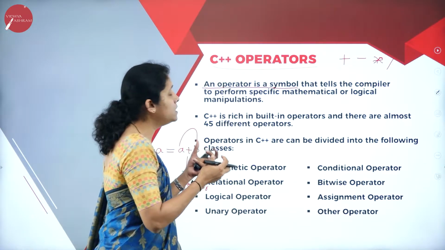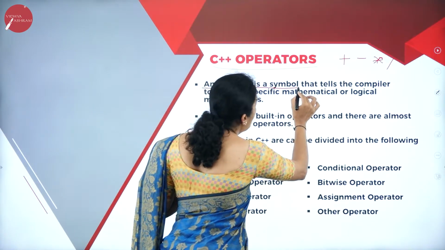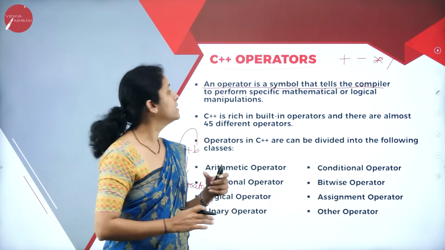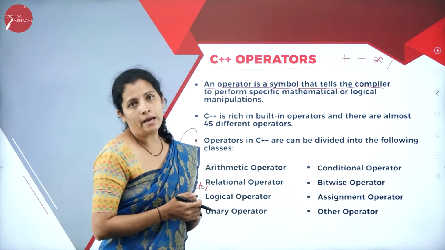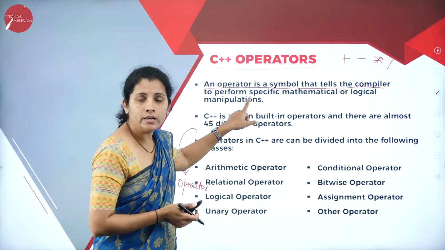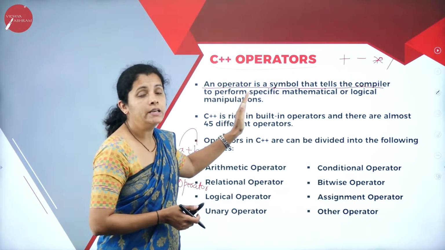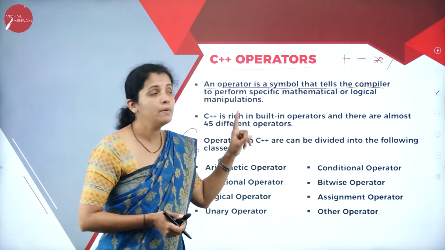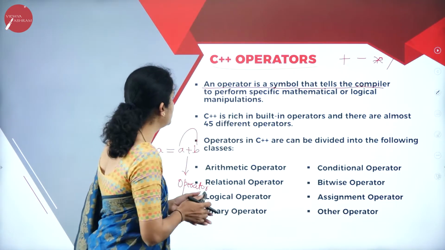It is the symbol which holds some special meaning and tells the compiler to perform some specific mathematical or logical manipulation or calculation. Operators are the symbols that inform the compiler to perform arithmetic operations as well as logical operations.